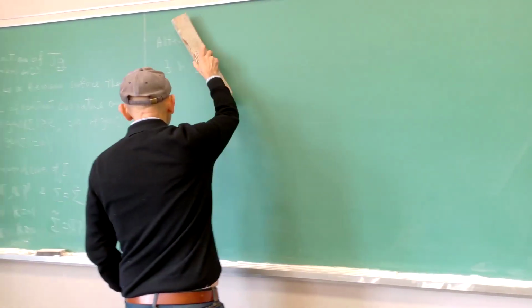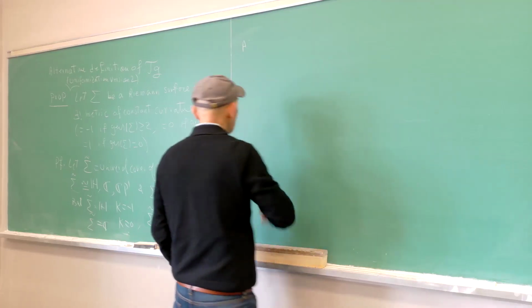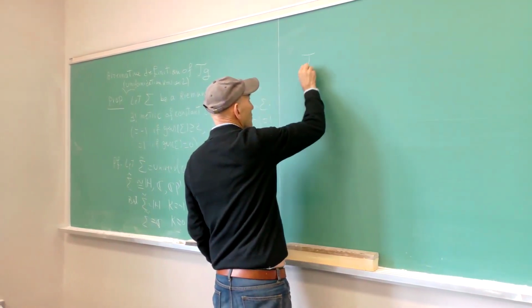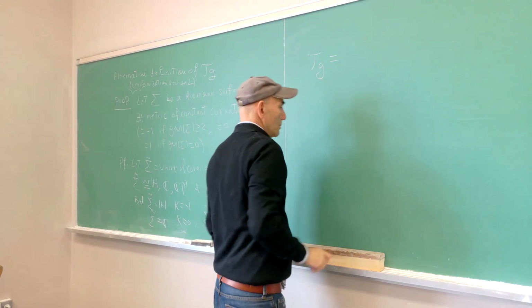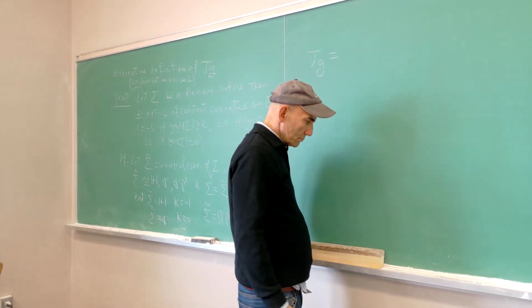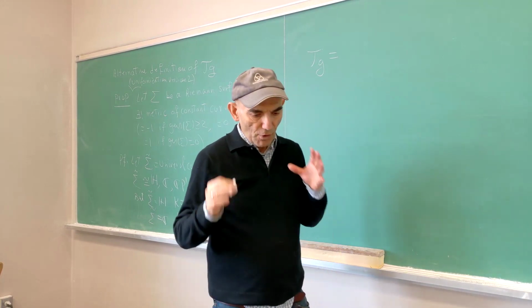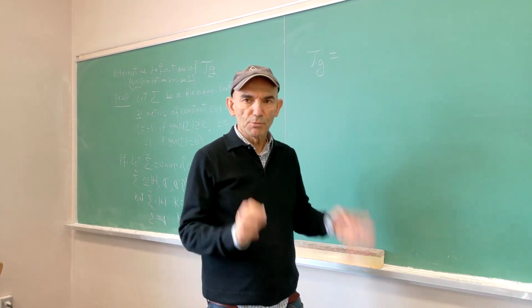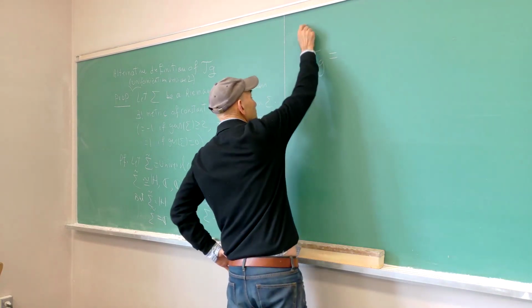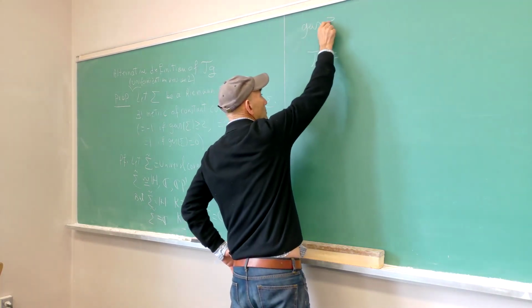So Teichmüller space T_g we can define as the space of all metrics of constant curvature -1. Let's assume the genus is given.